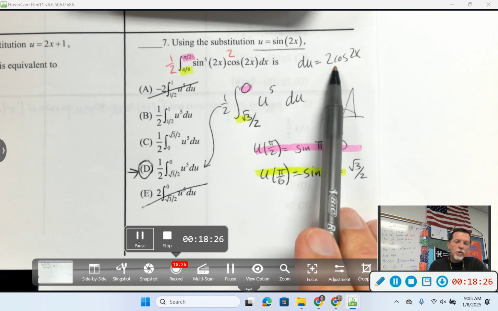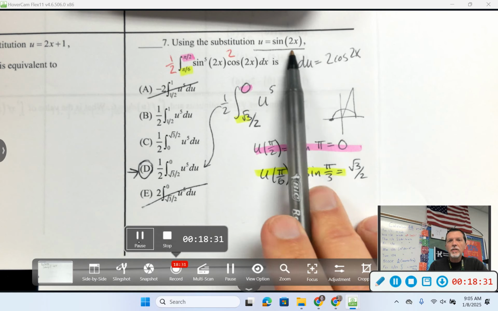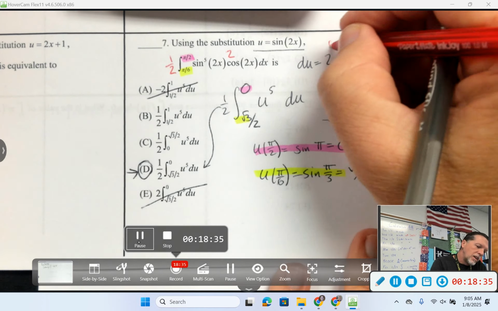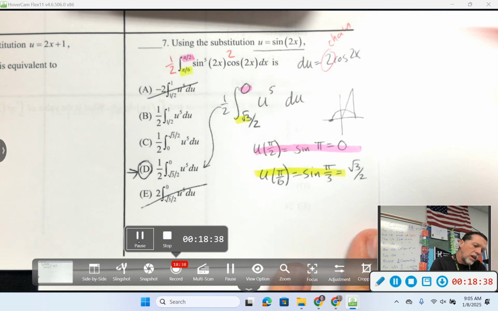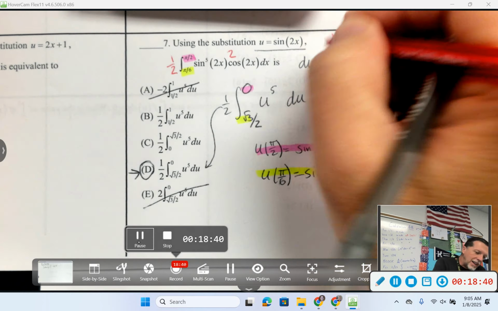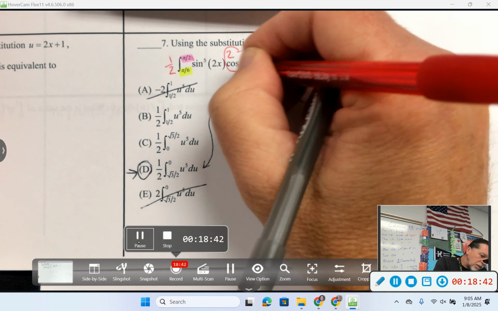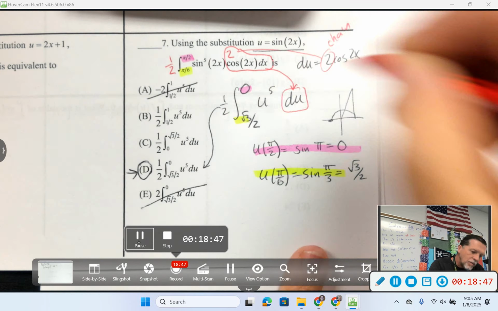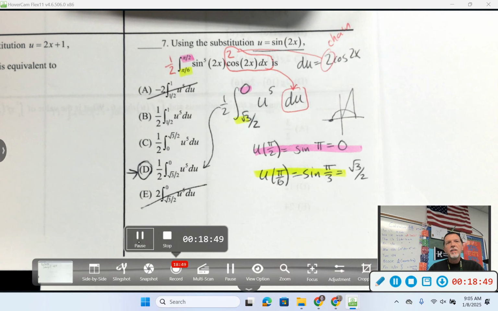Because my du up here had a 2 on it, because derivative of sine is cosine, but chain rule is where that 2 comes from. So I needed that 2 to make du. So that's fine. I can put a 2 on there, but then I have to put a 1/2 out front to counter the 2. Is that better, Ava? Okay.